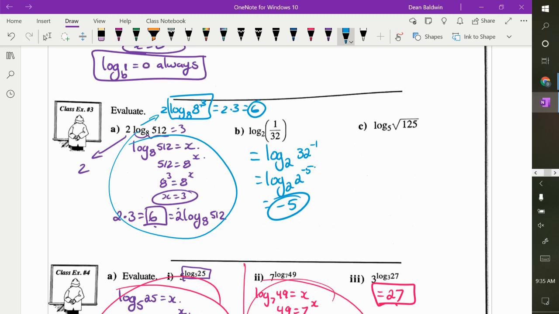Now, C, log base 5 of square root of 125. We don't want a square root. When you have logs, you don't want radicals. You want exponents. So how do I rewrite the radical as an exponent? 125 to the power of 1/2.